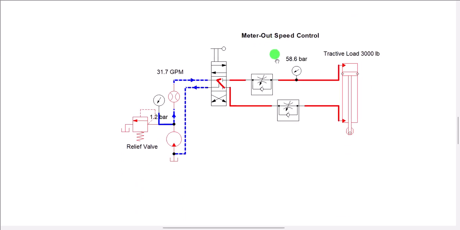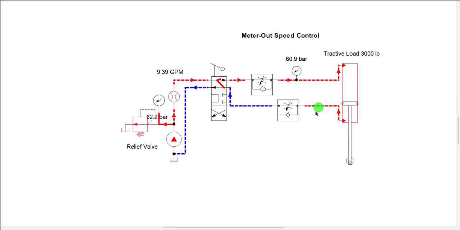So here I have a meter out connection, same load and everything, and we have meter out, as you can see by the orientation of the unidirectional flow control valve with respect to the blind end and the rod end. So both of them are flipped 180 degrees compared to our last circuit. So in this one, if I try to extend, you can see on this line there is no negative pressure above or below the piston.